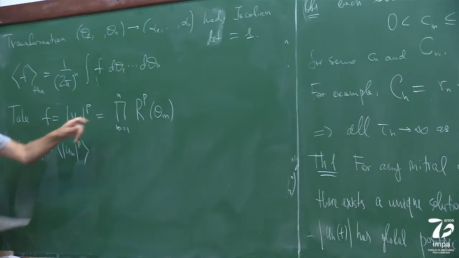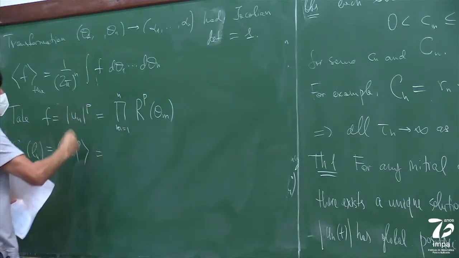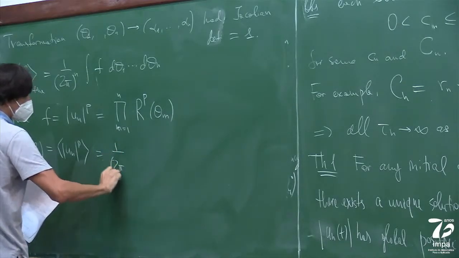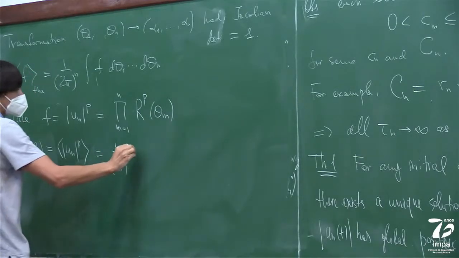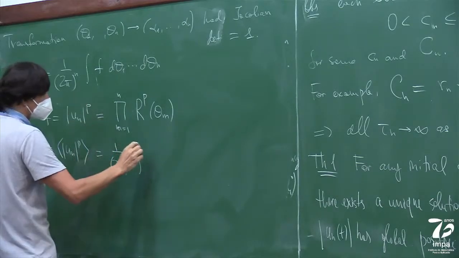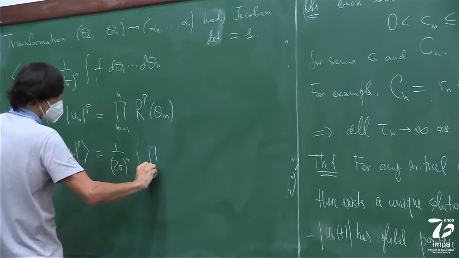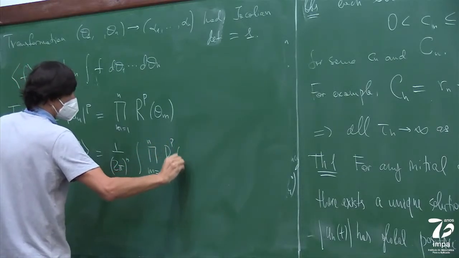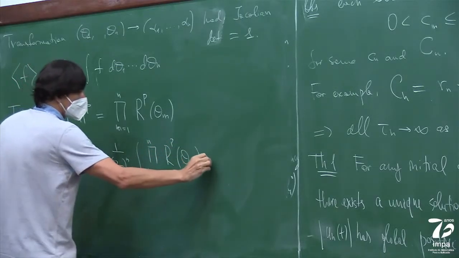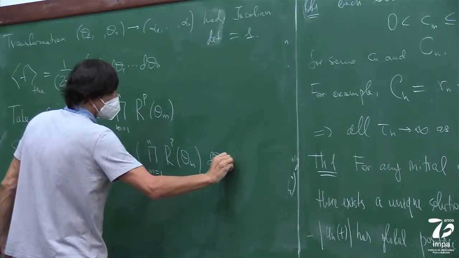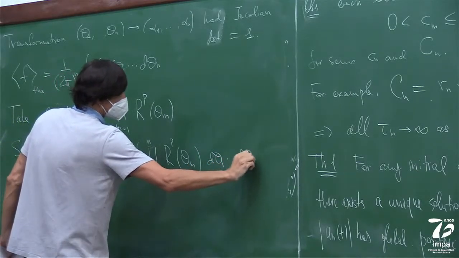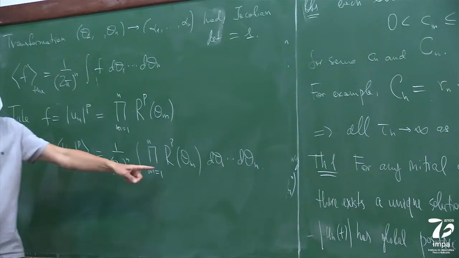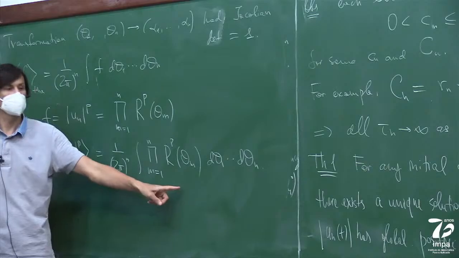And the right-hand side will be the integral. So it will be 1 over 2 pi to the n, integral of this product, to the power p of theta m, d theta 1 ... d theta n. But now the integral completely decouples for each.